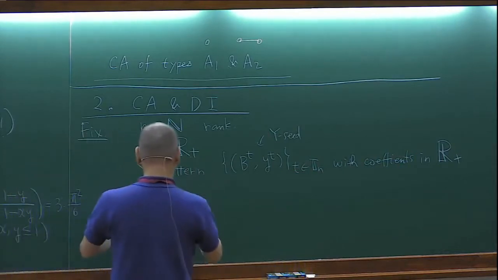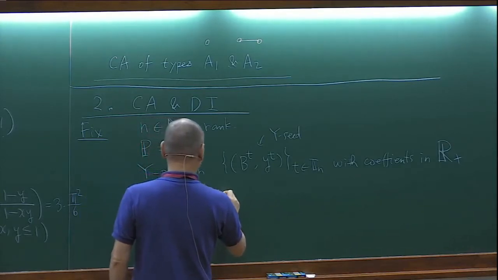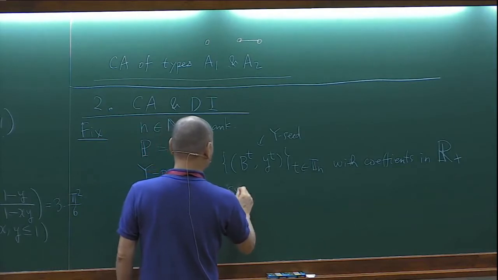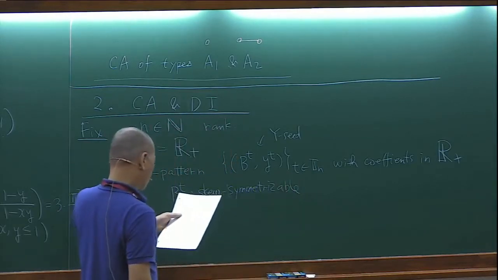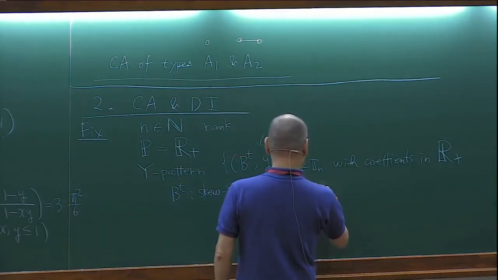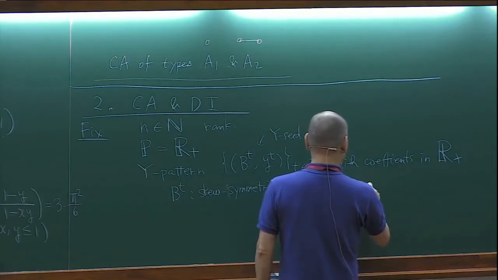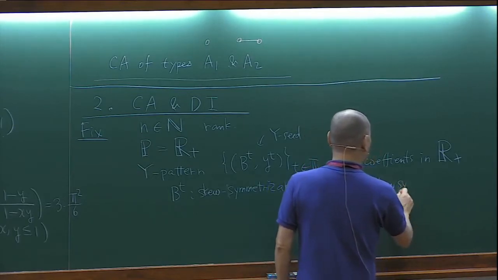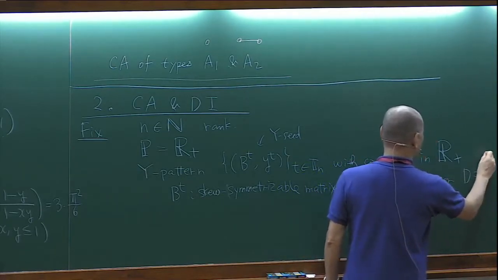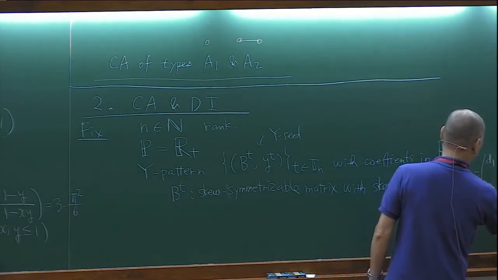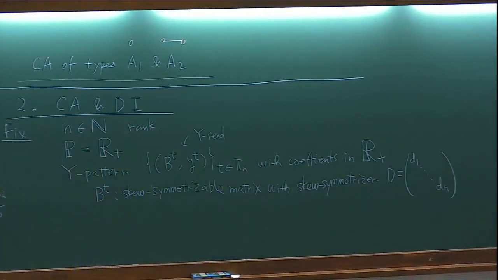What I mean is, this B_t is a skew-symmetrizable integer matrix, and for later I want to use its skew-symmetrizer, so let me write it with a skew-symmetrizer, say D. It's a diagonal positive integer matrix which makes these things skew-symmetric by left multiplication.